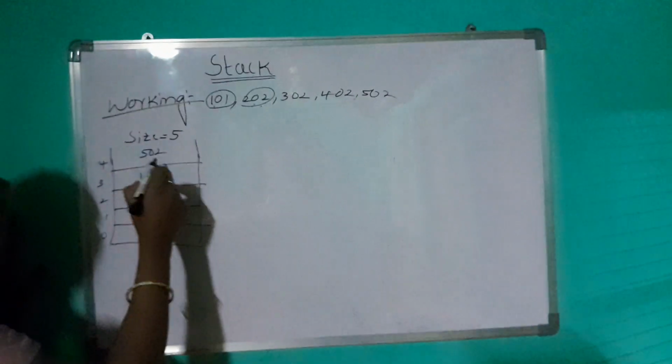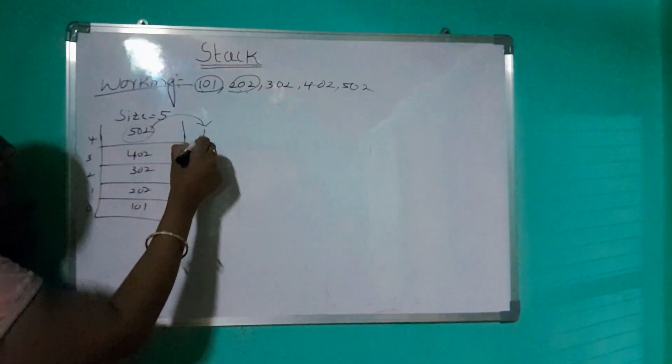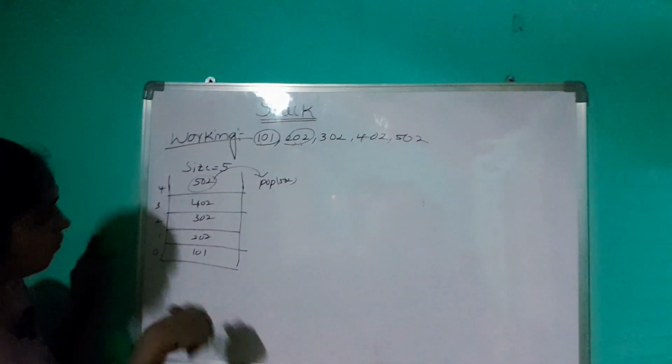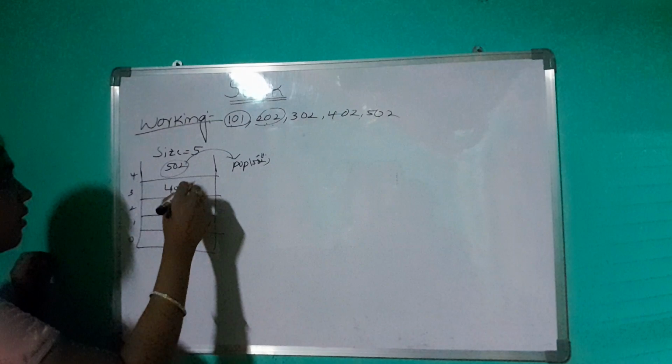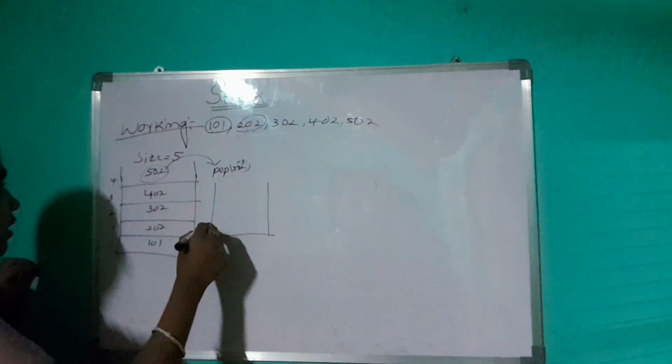Now we have to perform pop operation. We have to remove 502 from the stack. Then the operation is pop of 502. This is the element, we have to give index here. Now the stack becomes like this.